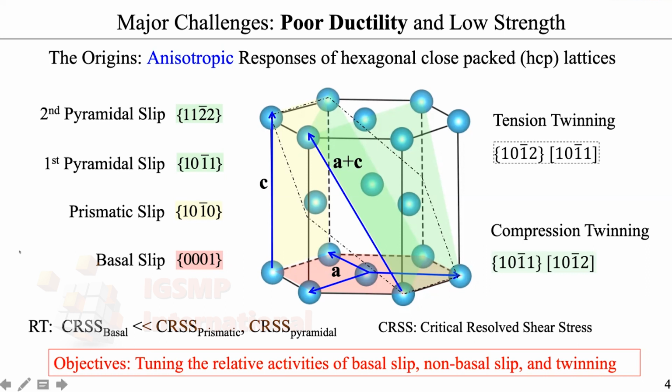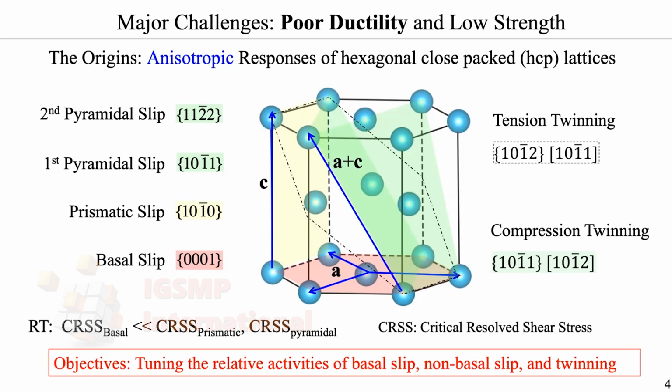So because of that, while we deform the material, it leads to an anisotropic response. Most of the deformation would go parallel to the basal planes, not in the other directions. With the deformation proceeding, it will likely lead to cracks and eventually break the material. That makes for the poor ductility of such materials.